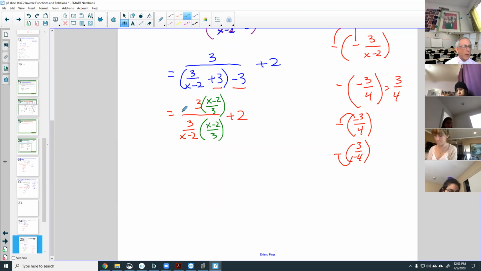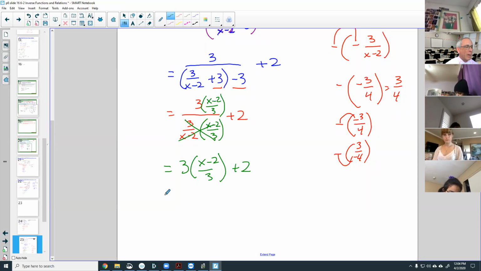And so if I multiply my denominator by its reciprocal, I'm going to end up with 1 in the denominator. And that's what I want. I want to get rid of the denominator. But if I do it to the bottom, I got to do it to the top. So now these cancel out. And I am left with 3 times x minus 2 over 3, plus 2. Well, that's making me kind of happy because I got a 3 here, and I can cancel out that 3 there. So I have x minus 2 plus 2, which gives me x.